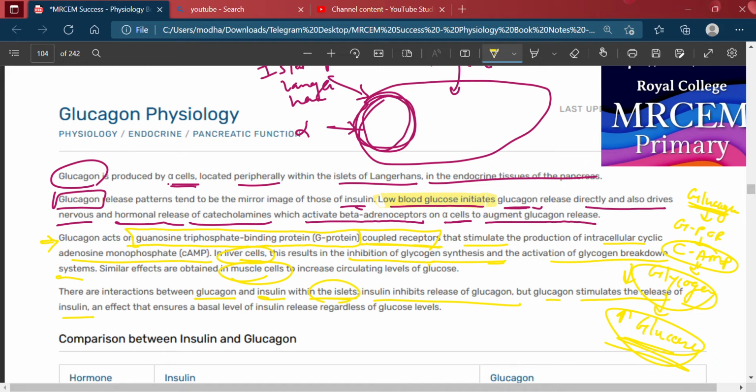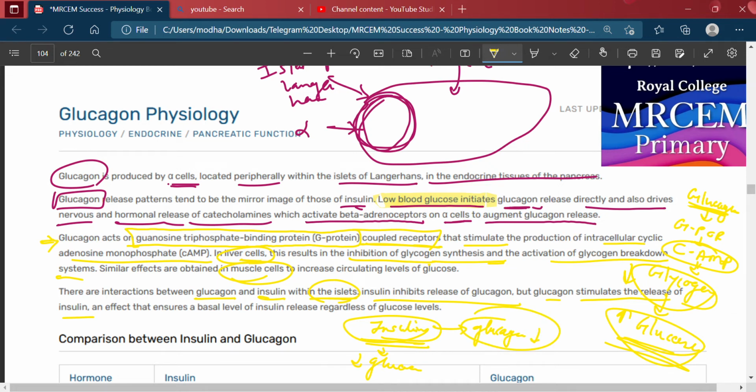So if insulin increases, it causes a decrease of glucose, and as insulin increases, it inhibits the release of glucagon.